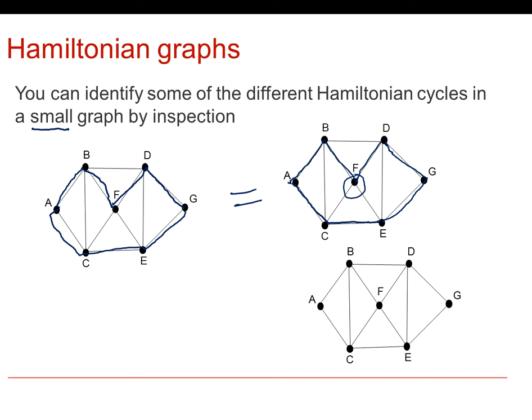What if we go A, B, D, and then maybe G, E, F, and then C, A? Was that any different? And the answer is yes. So there are at least two different Hamiltonian cycles in this small graph.